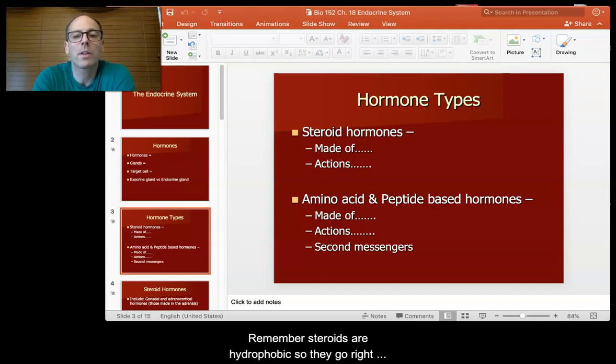Remember, steroids are hydrophobic, so they go right through the phospholipid bilayer on the cell membrane. So the receptors for those are inside the cell. Protein-based hormones generally are hydrophilic. They don't pass through the cell membrane, so the receptors for those are on the outside of the cell, and that's a really important difference here.